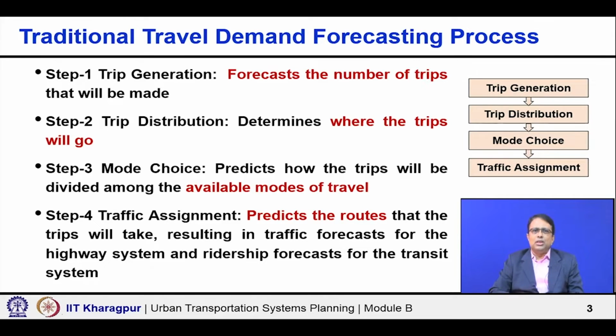But whatever it is, this is the step where we know how the demand by a given mode from one point to another destination point gets distributed to different routes, or how the route choice decision is happening.